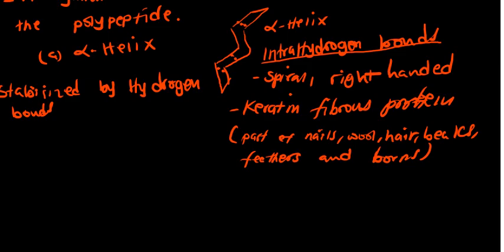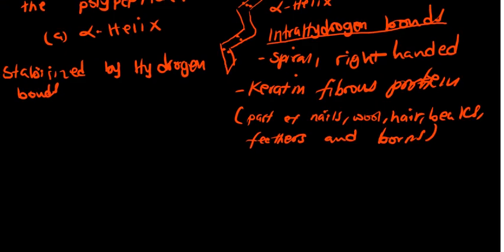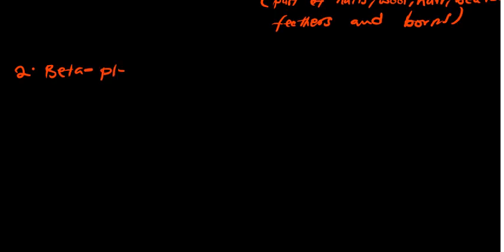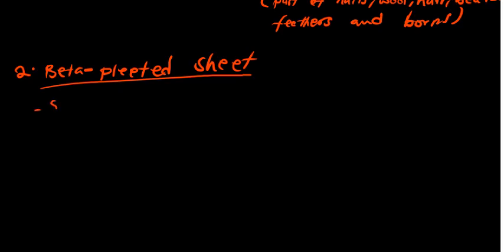So let's go to the next secondary structure, which is the beta pleated sheet. This one can be represented by silk fibroin, which is produced by silkworms.